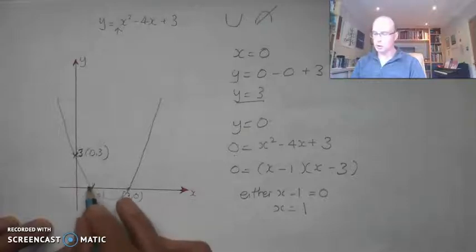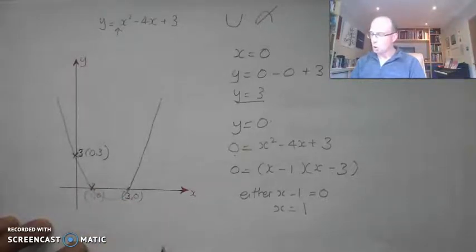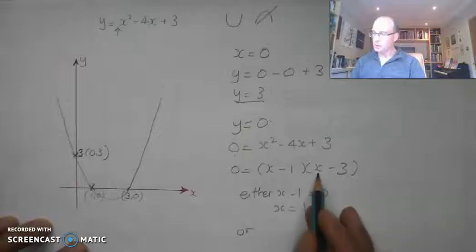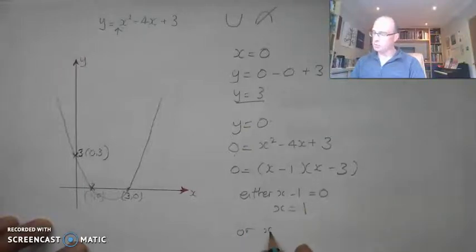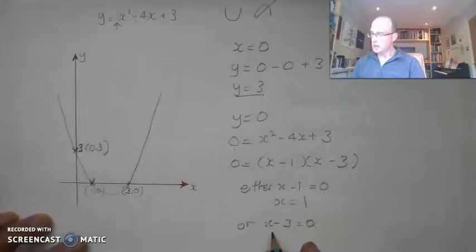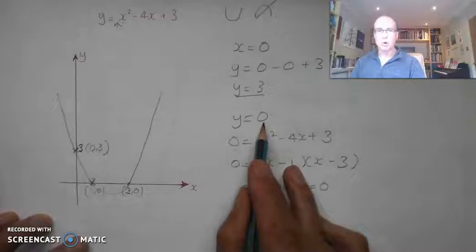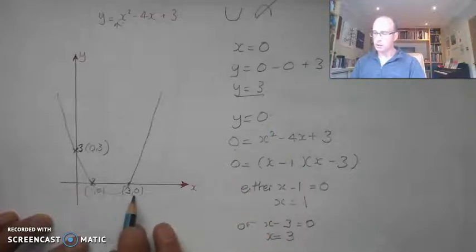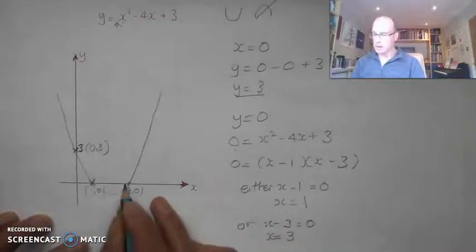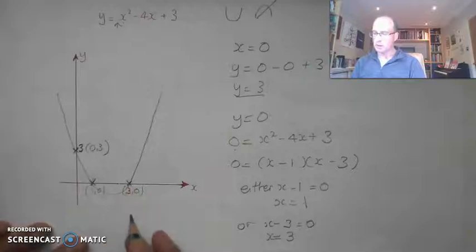So that's that point here. Or the other bracket's equal to 0, so x minus 3 is equal to 0, and x equals 3. So x is 3, y is 0, and that's my point over here.